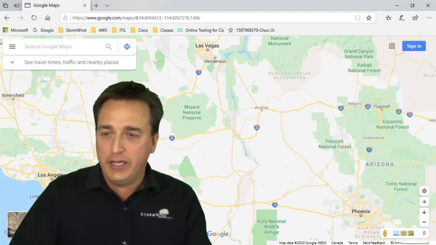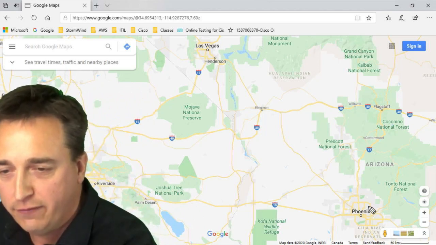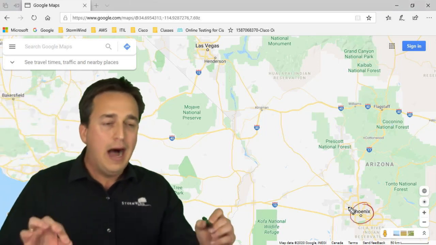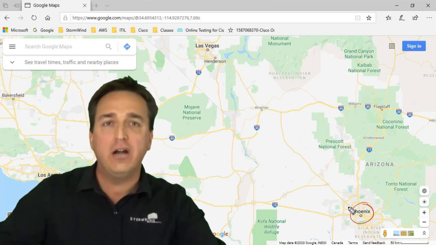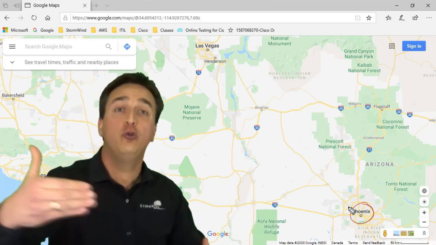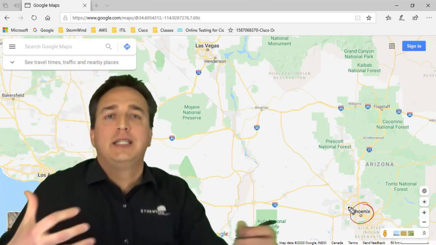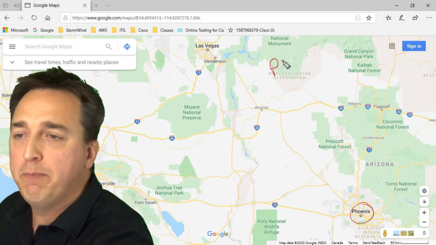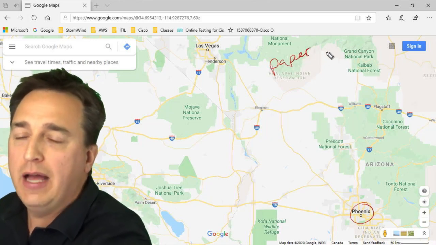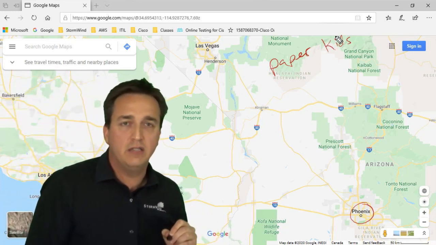But here we go. With administrative distance, I'm sitting right now here in Phoenix. I have to choose various sources to help me get to Las Vegas. So for example, what could I use to guide me? We could use a paper map that my kids are holding in the back of the SUV.